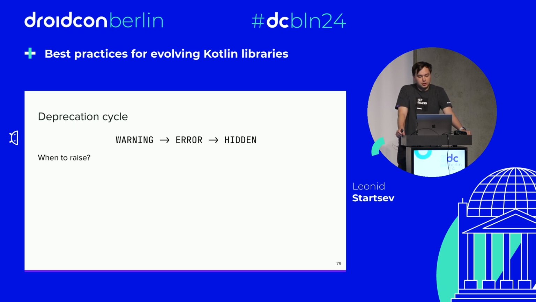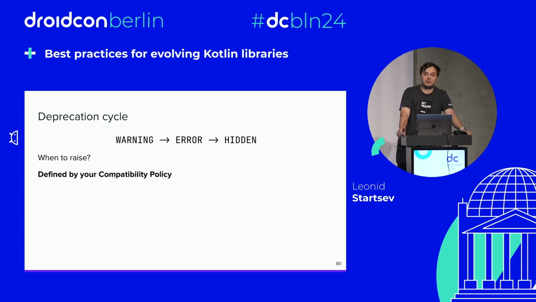So by gradually raising deprecation level, we can naturally form a deprecation cycle. First you have to deprecate the method with warning, then you have to deprecate the method with error level, and then you can hide it. So the question is when to raise this deprecation level.